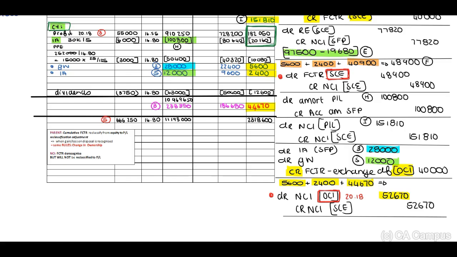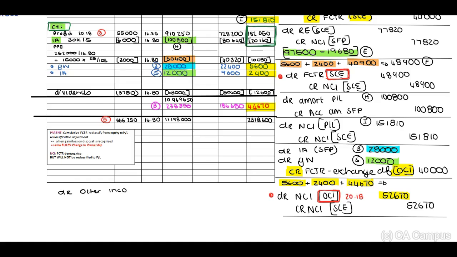Right, now let's move on. Right, guys, look at your current year. We still have our 50,400. Remember, this is the unrealized profit we need to eliminate. If we need to eliminate this, remember, this is included in the other income. Therefore, we will have to debit our other income.